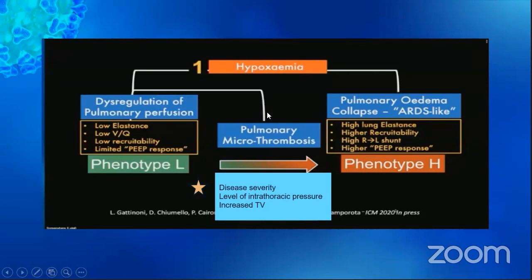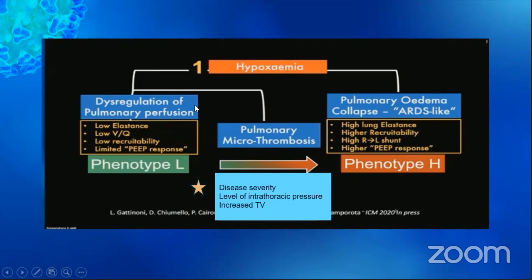Now, what will happen? There are pulmonary microthrombi or severe hypoxemia. Finally, this dysregulation and the shunting process will take over. And what will happen? The patient's dry lung will go into wet lung, and this is the typical ARDS.